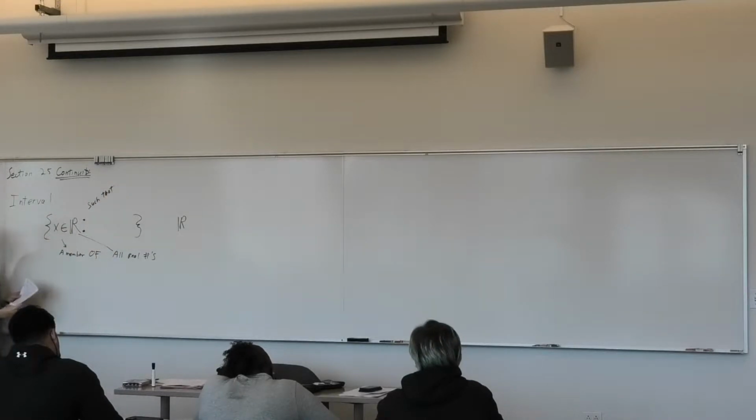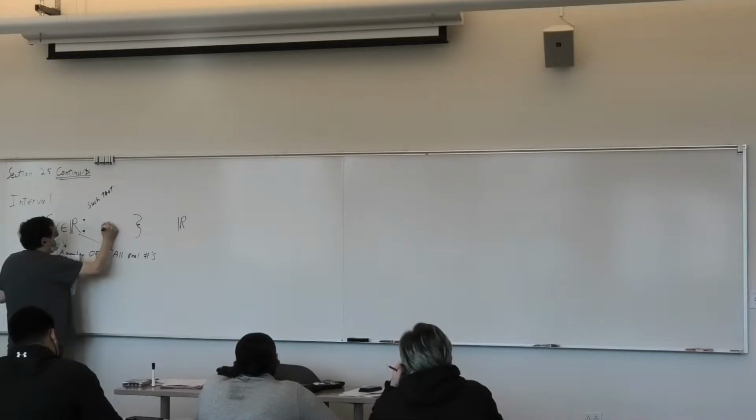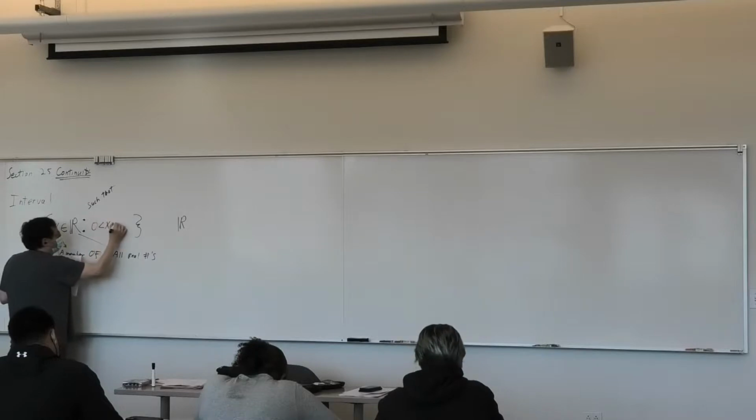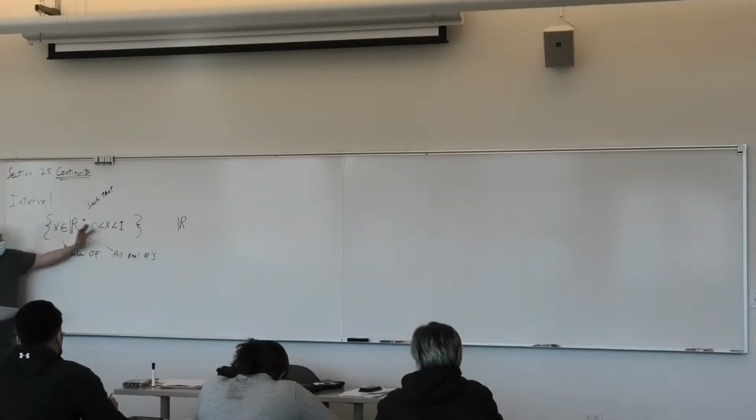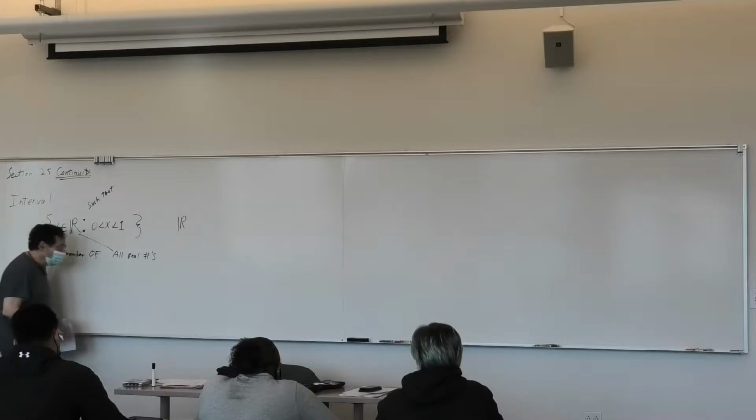And then I might specify here. So I might say x is greater than 0 and less than 1. And now I have this definition of an interval, the open interval from 0 to 1.